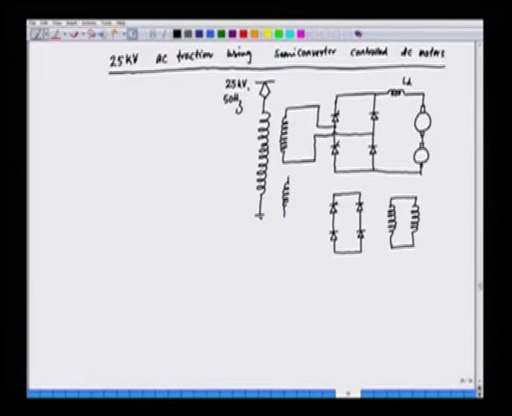So, we have a semi-control rectifier here, and this feeds the field winding. These are the armature and the field winding converter, which is also fed from a secondary.